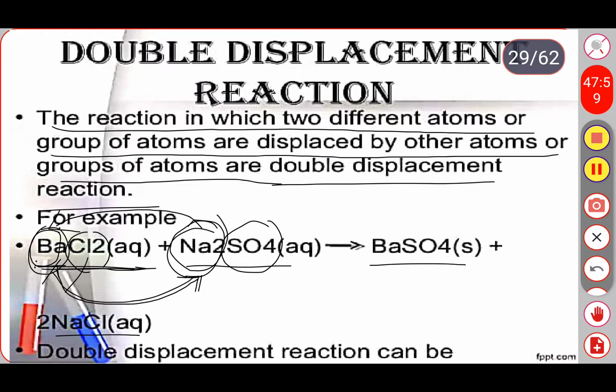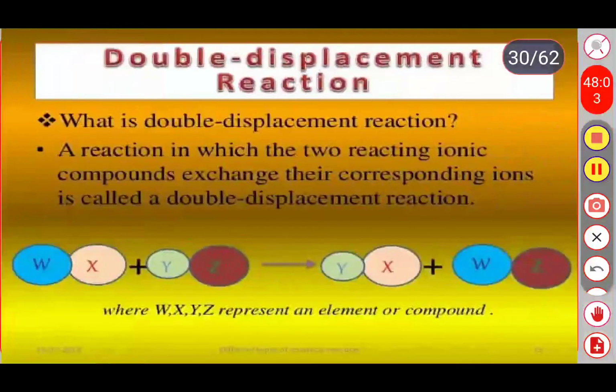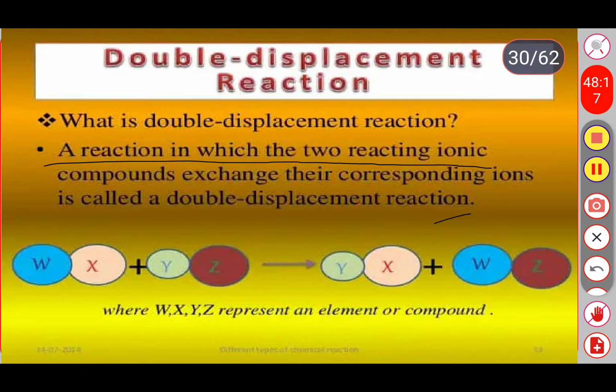A reaction in which two reacting ionic compounds exchange their corresponding ions is called a double displacement reaction. For example, here we have two compounds. A compound is the combination of two same or different types of atoms or molecules.